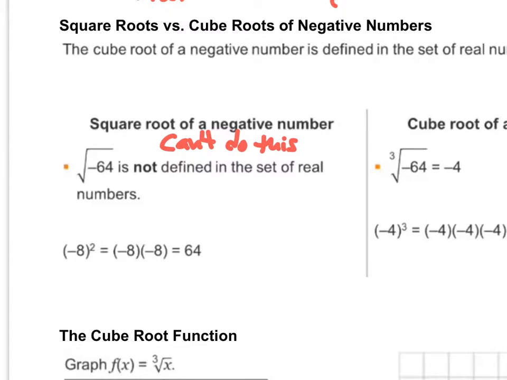The reason why is because if you take negative 8 and you square it, negative 8 times negative 8, that's going to give you positive 64. And if you take 8 squared, that's 8 times 8, which gives you 64. Anytime you square a number, the result is going to be positive. So you can't take the square root of a negative number.